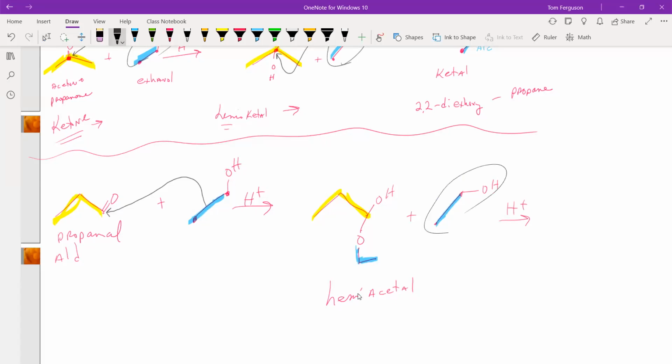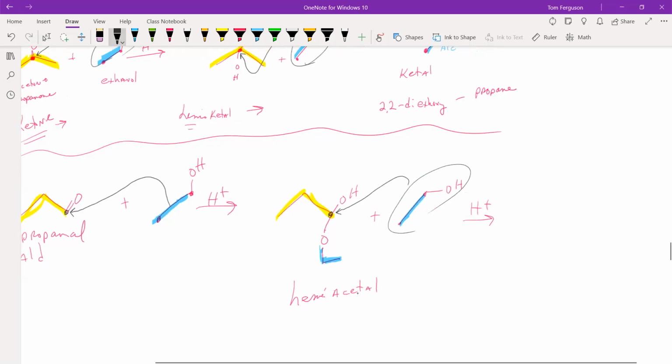So our alcohol now is going to attach here. That same carbon again, the anomeric carbon.